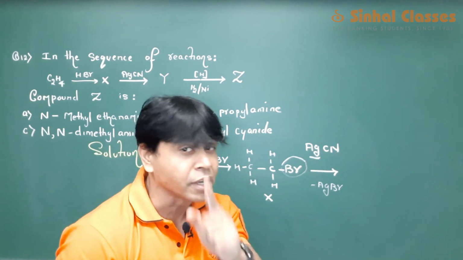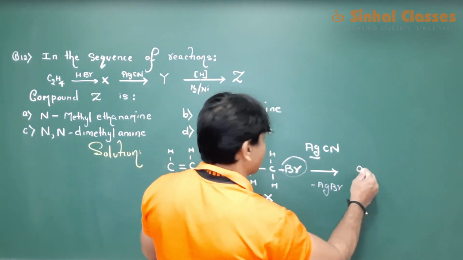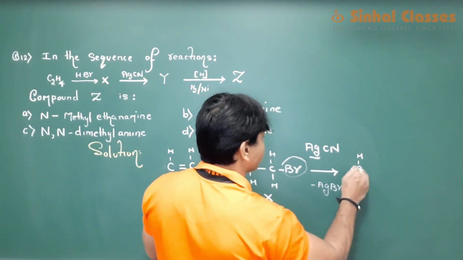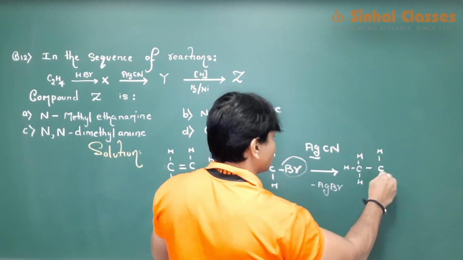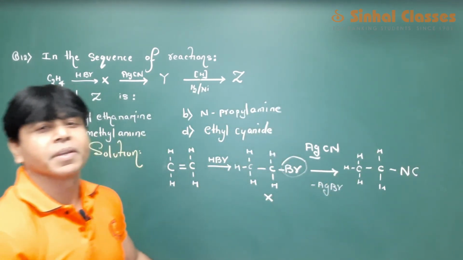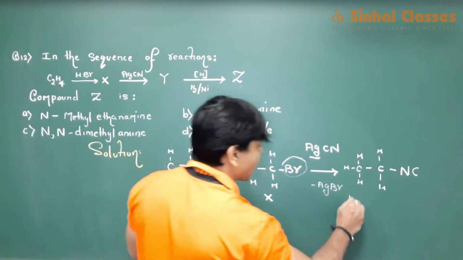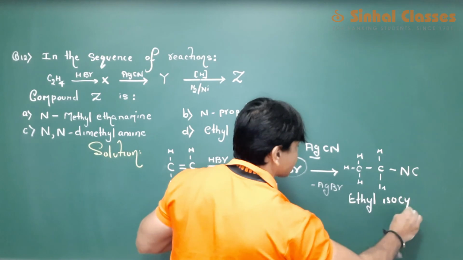But with silver cyanide you will get isocyanide. So you will get CH3CH2NC. That is ethyl isocyanide.